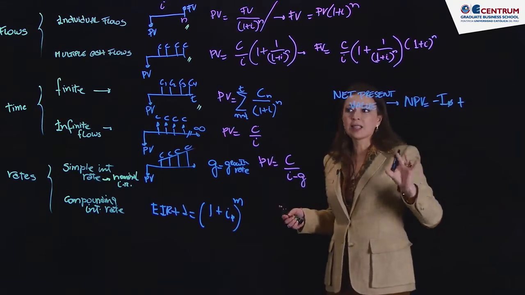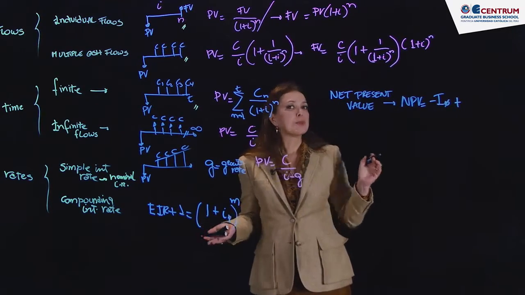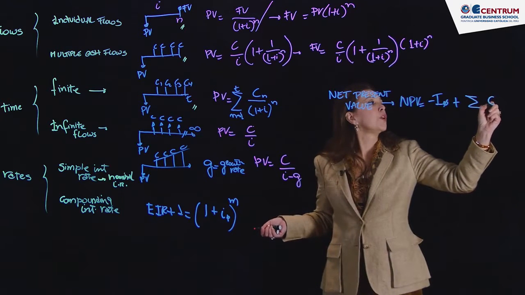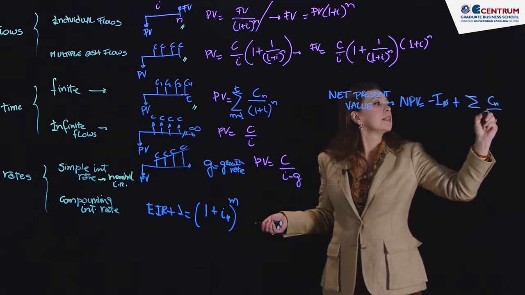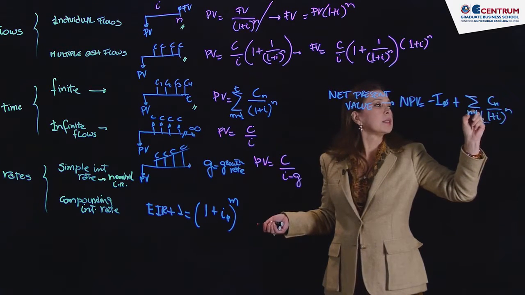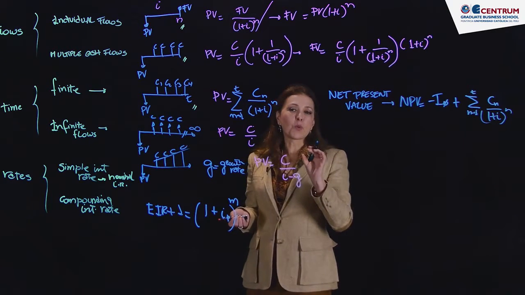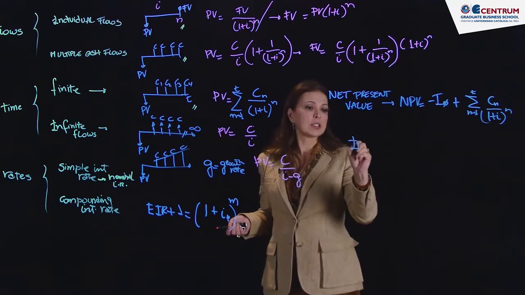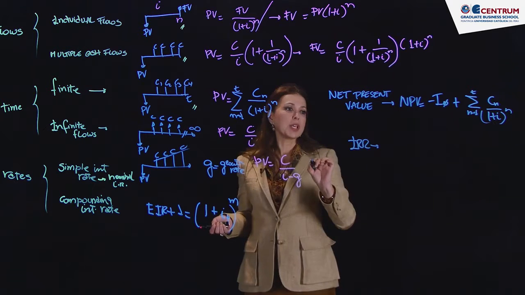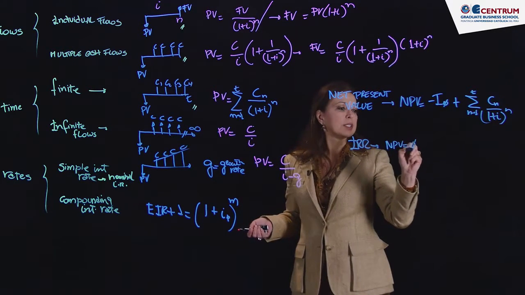In this case, speaking in a general way, it is going to be the summation notation of the cash flows when n goes from 1 to t, as we saw before. The second one, the internal rate of return, makes the net present value equal to 0.